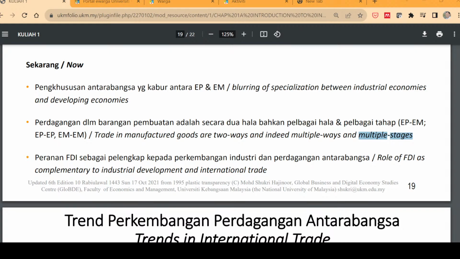Then the last point in our bullet is the relationship between FDI and international trade. According to neoclassical, which is mainstream economics, the theory says international trade and FDI are substitutes for each other.